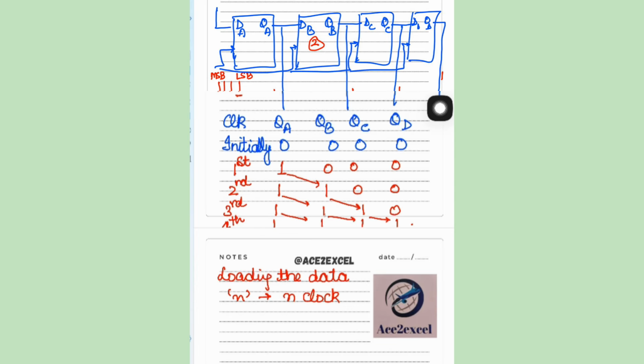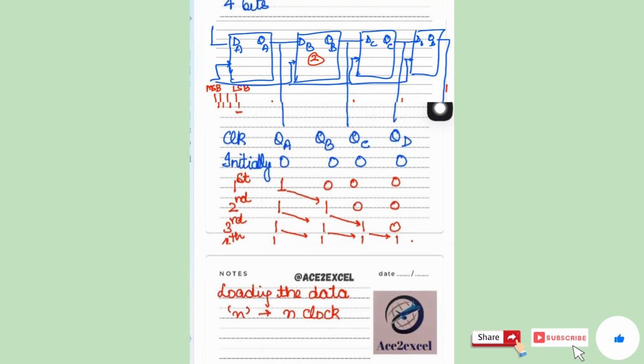In case of SIPO, at the 4th clock pulse, what is the value of QA? QA is 1, QB is 1, QC is 1, QD is 1. The data is out at the 4th clock pulse, so we do not need a single more clock pulse after this. Once you load the data, which always requires n clock pulses, your data will be out. This is known as serial in, parallel out.